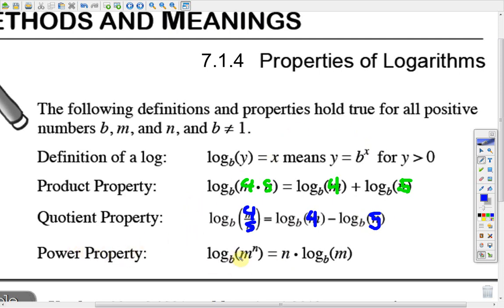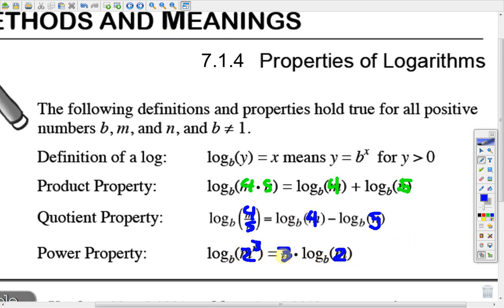Power property. This says log base b of m raised to the n power is the same thing as n times log base b of m. So if we had 2 to the third power, then that would be the same thing as 3 times log base b of 2.